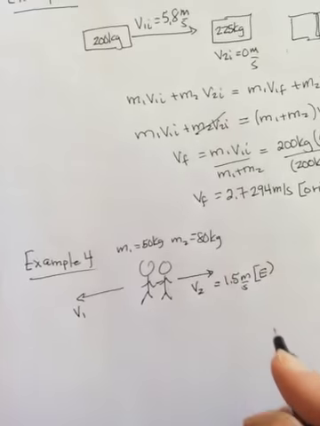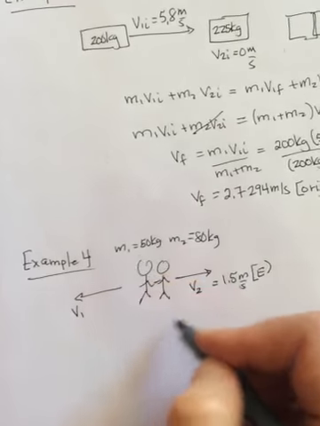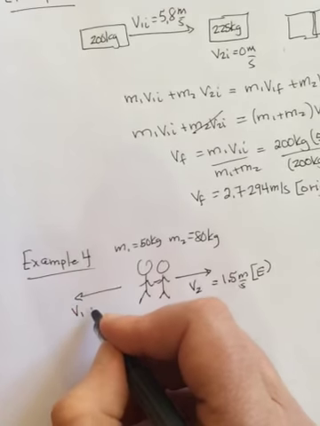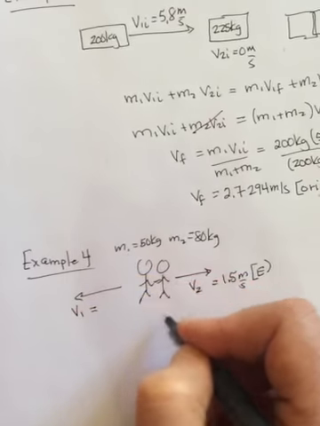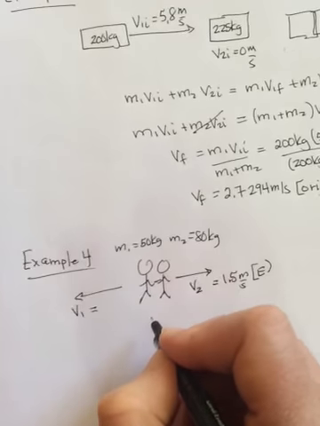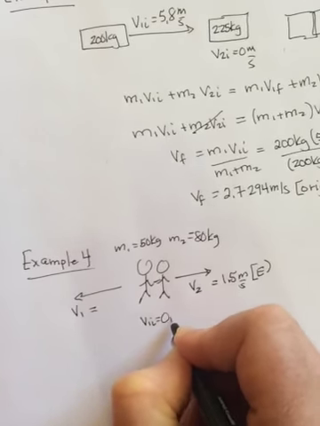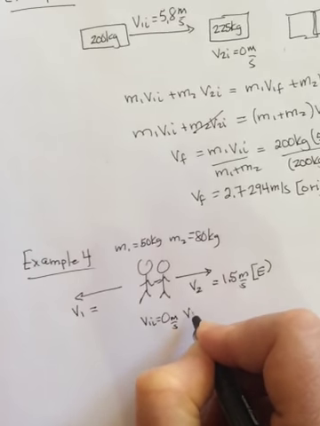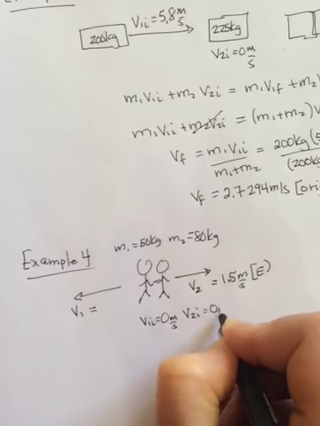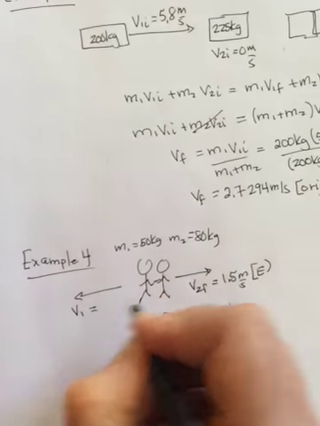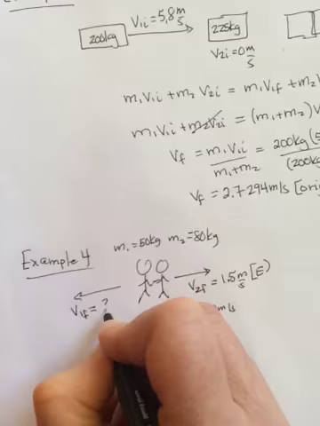Now I purposely didn't put in an F or an I here. Which is this 1.5 meters per second, and which are you looking for, V1? Well, what's their initial? It says they're standing together. So V1 initial must be 0 if they're standing, and V2 initial must be 0. What we're being given here is their final, and you're looking for the final.